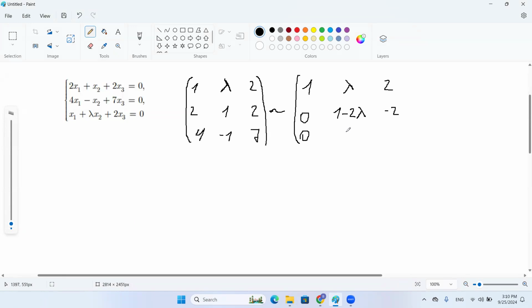And here, Adrian, yeah, minus 5. But don't forget about lambda. Yes, minus 1 minus 5 lambda. Why 5 lambda? I'm so sorry, 4. Yeah, minus 4 lambda.